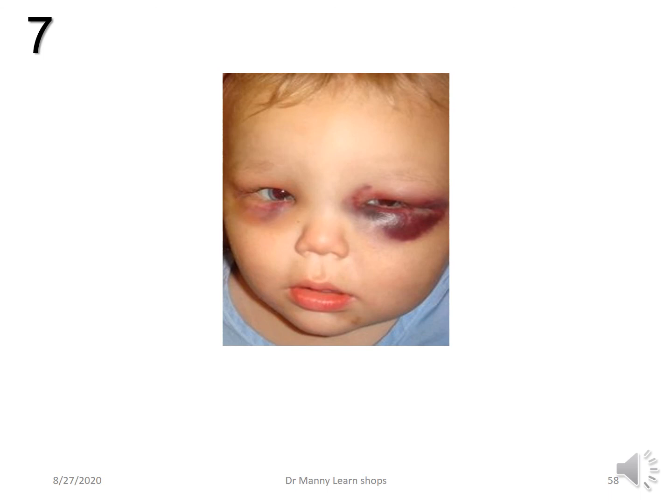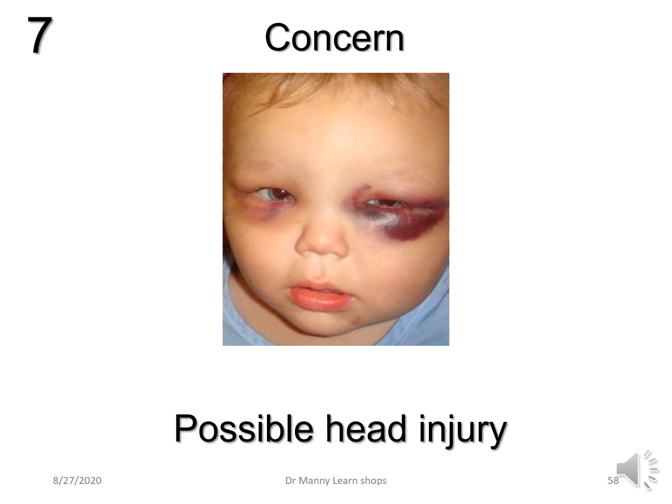Sure. If I was told here now that he fell or he was abused in some way, I would be concerned. He appears to have a head injury, possibly. And this can result in other signs and symptoms or effects as a result of the injury.